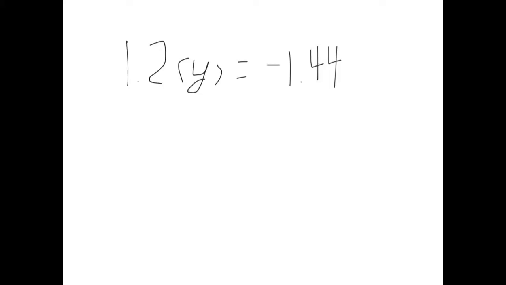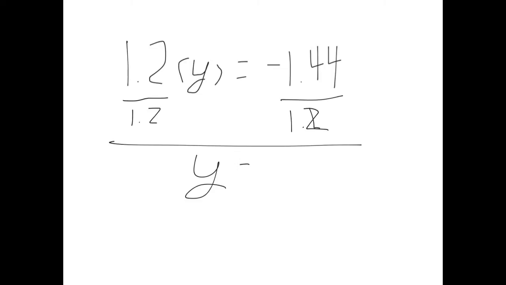Okay, so for this one, I'm definitely not going to have enough space, but I'm going to try this really small. So, since it's multiplication, you have to undo it with division. So I'm going to do this, and then draw my line, y equals, cross this out. 1.2 divided by 144. 144, it goes in once, so 1.2.